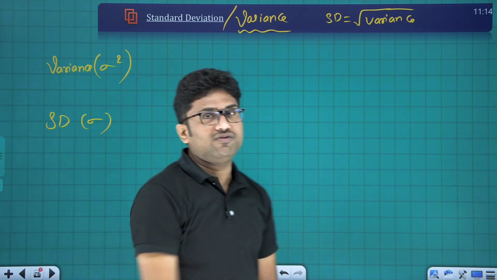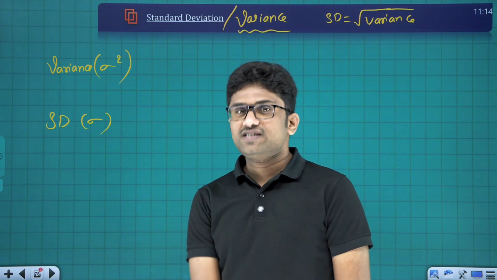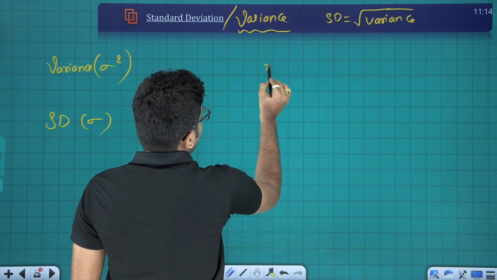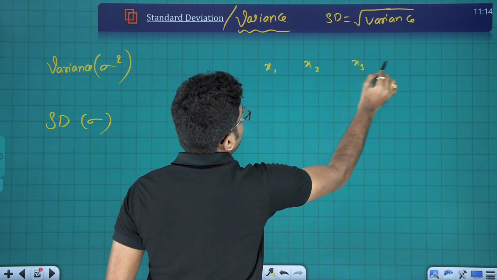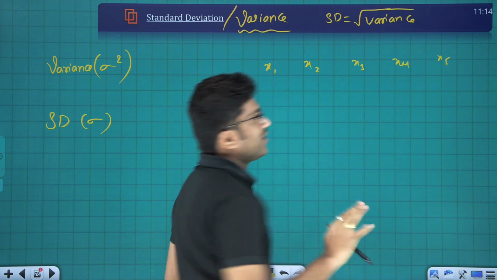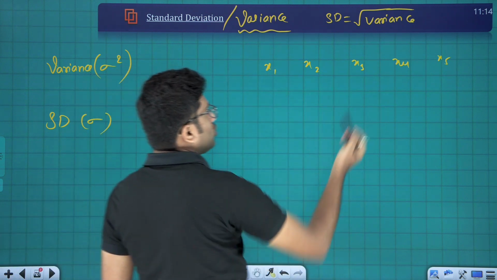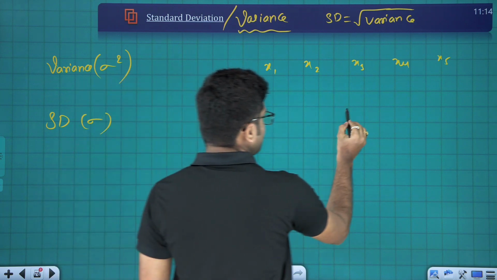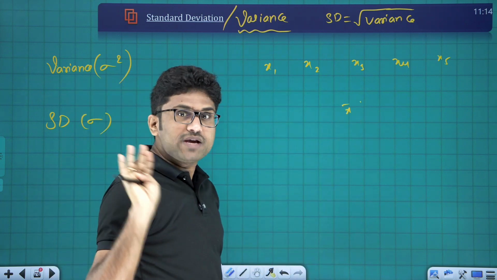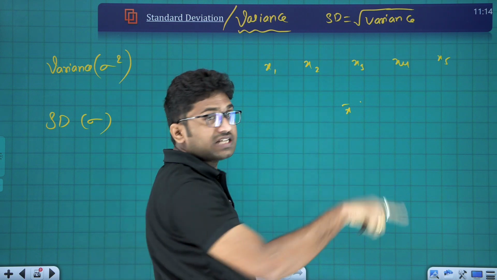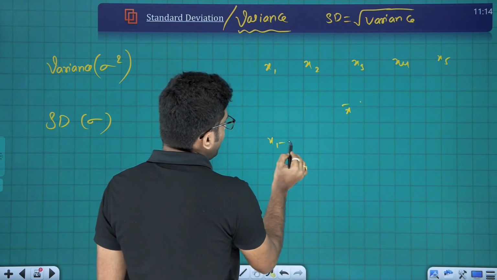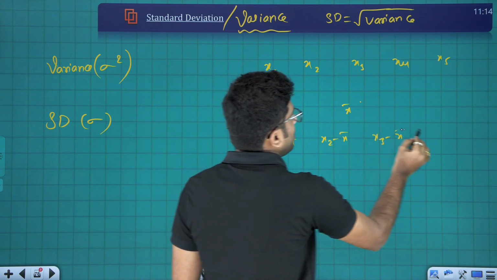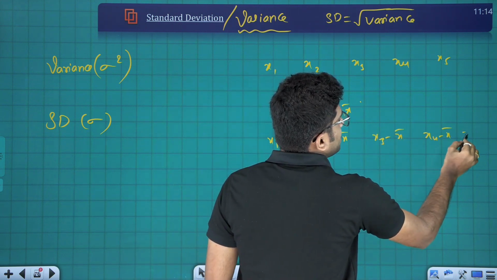We have understood mean deviation. Now, variance. Let's say x1, x2, x3, x4, x5 are 5 observations. Just find the mean. Now we find deviations about the mean: x1 minus x bar, x2 minus x bar, x3 minus x bar, x4 minus x bar, x5 minus x bar.